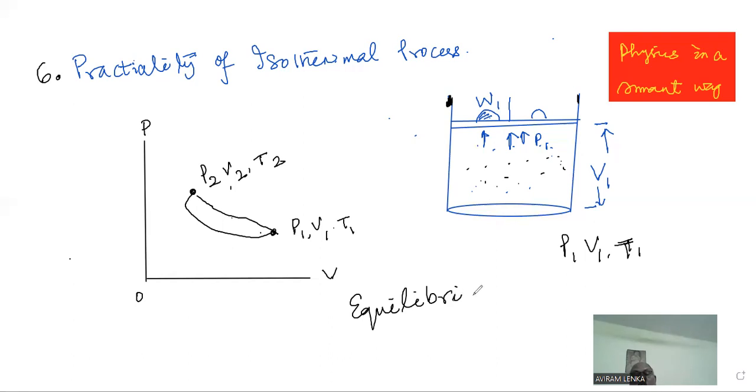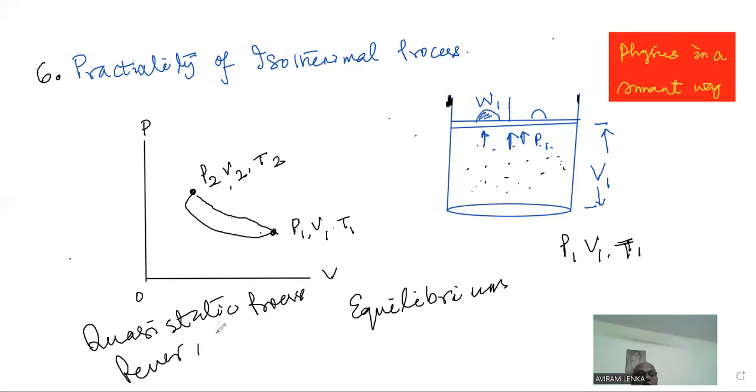Sometimes our books confuse us using words like quasi-static process, reversible process, irreversible process, and these things are usually not clear to us.